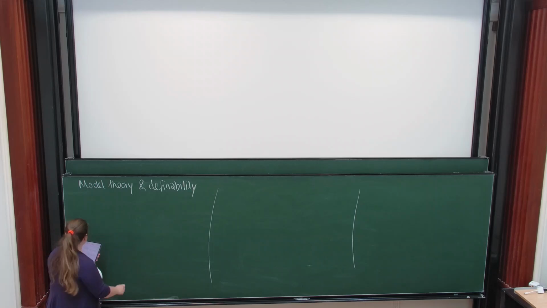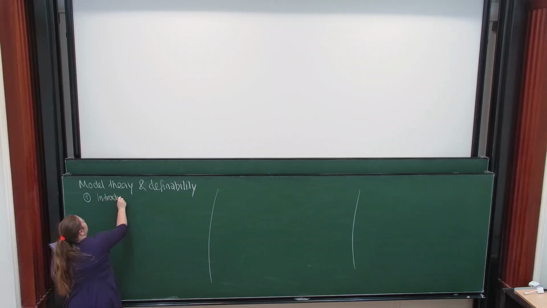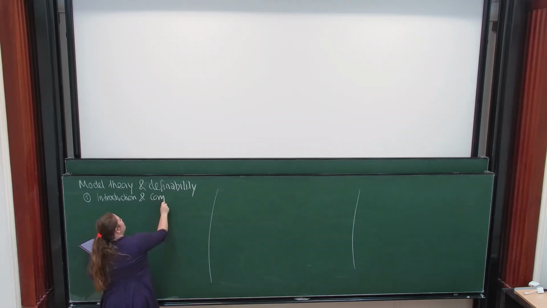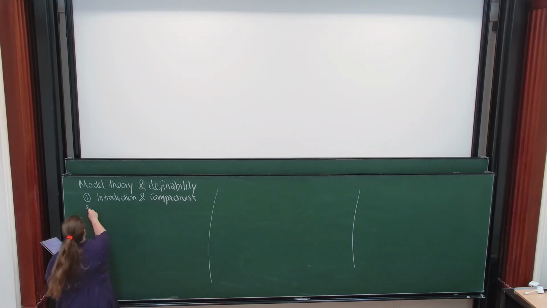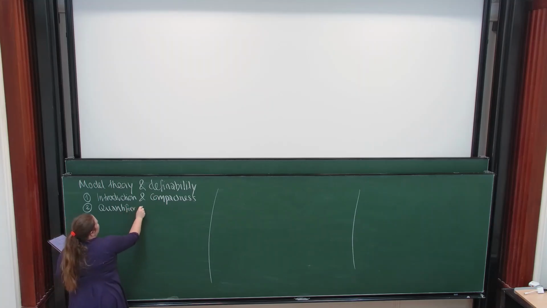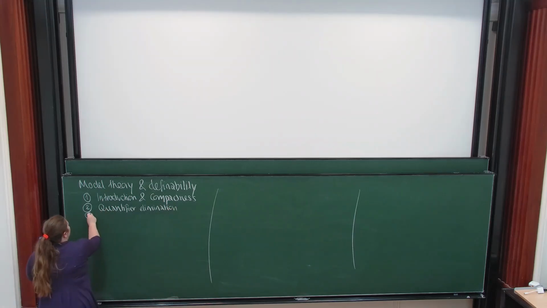So the plan for the lectures is first an introduction to first-order logic and the compactness theorem. Then quantifier elimination. So our first method is compactness. The second method is quantifier elimination. The third method is definability.